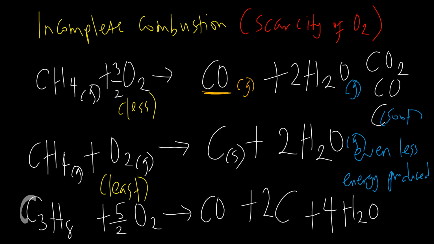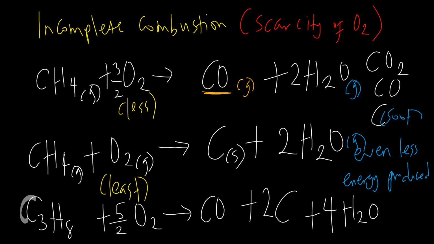Either way works. The main takeaways are that you have complete combustion, which happens in an abundance of oxygen, and that produces the most amount of energy, so usually the most amount of heat. And then you also have incomplete combustion, which takes place when there's really scarce amounts of oxygen.